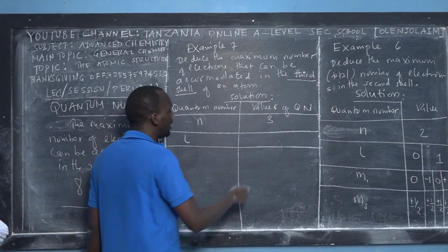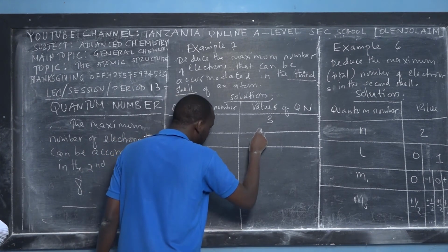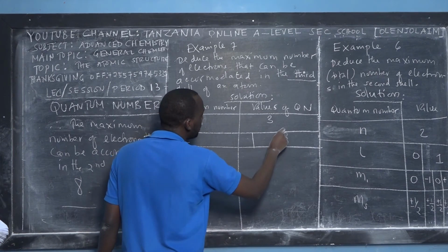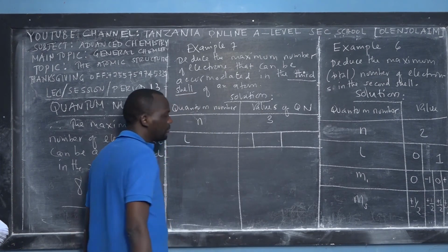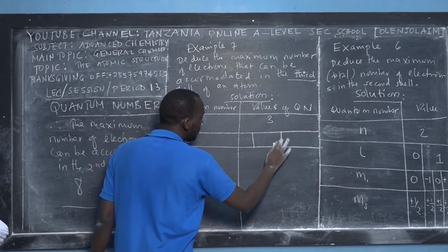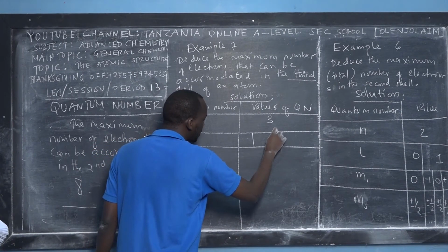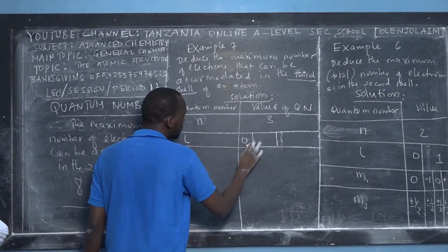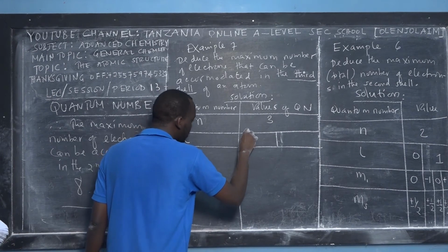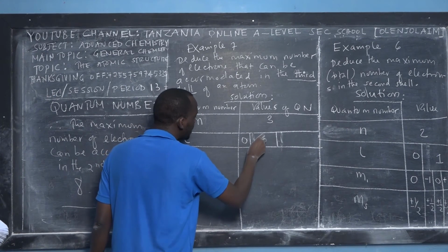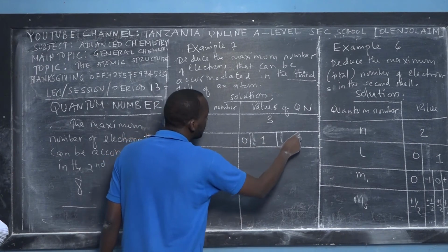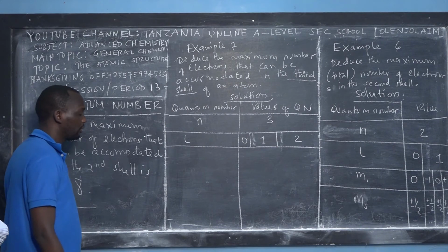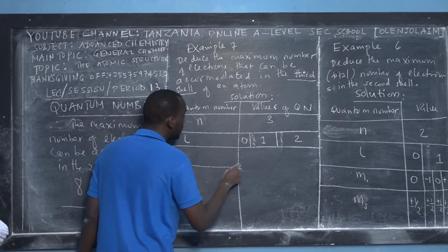Because n is equal to 3, we are going to have 3 values: the first is 0, then 1, and also the subsidiary quantum number might be 2. Don't rush when you are following these lectures.